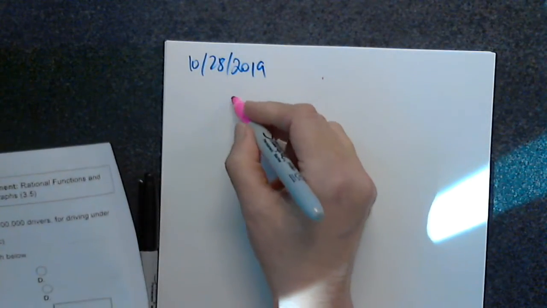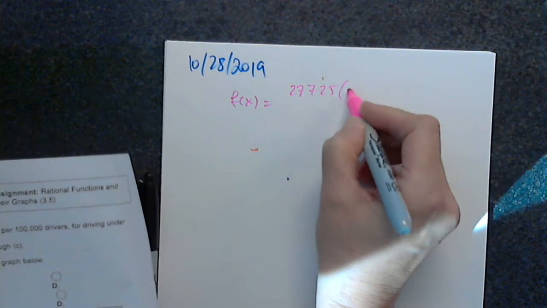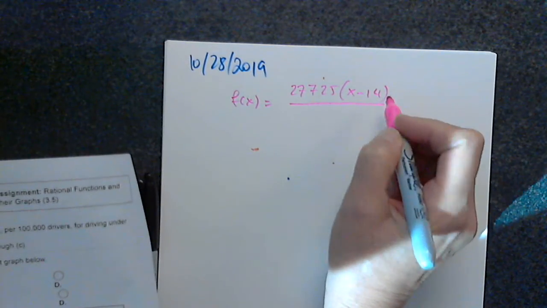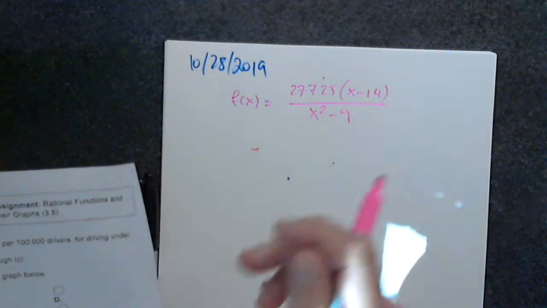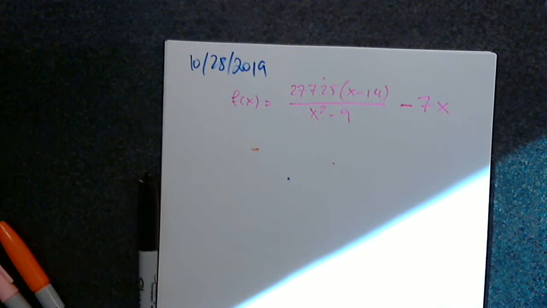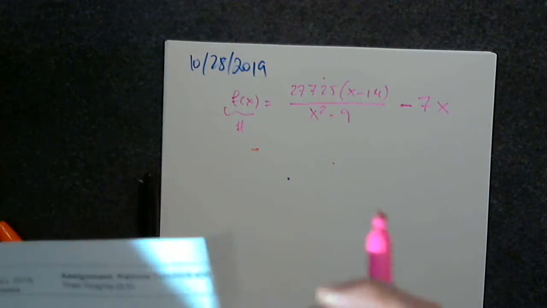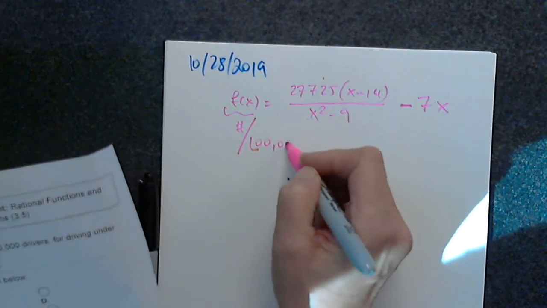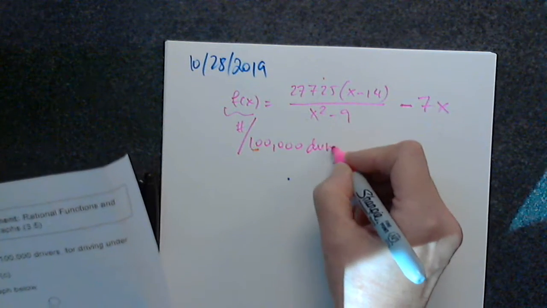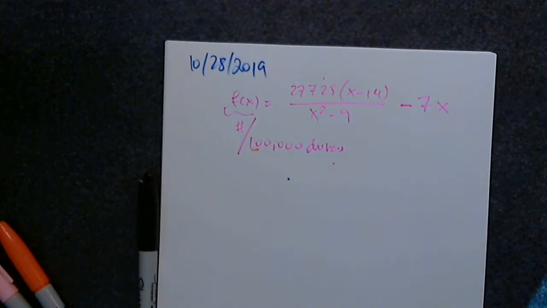So we're looking at a problem in which we have a rational function. This is from my math lab. 27725 times (x minus 14) divided by (x squared minus 9), and then minus 7x, models the number of arrests, so this is a number per 100,000 drivers, for driving under the influence of alcohol as a function of a driver's age x.